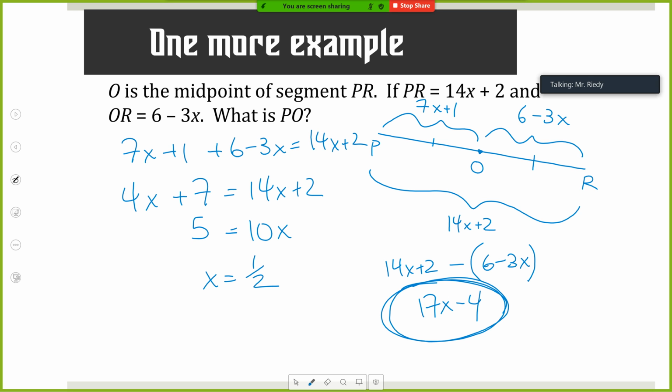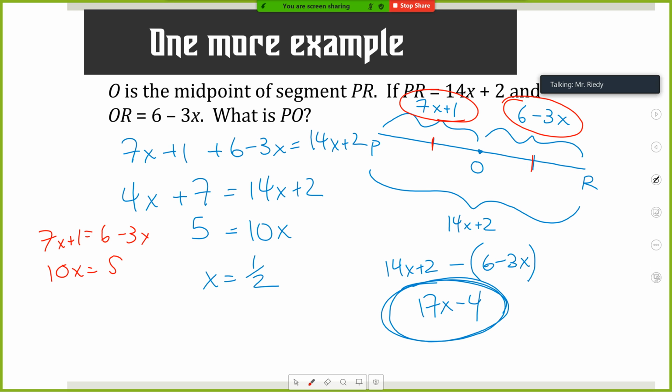Perfect. That's method number 1. Method number 2: I know, because of these tick marks, that these two have to be equal to each other. 7x plus 1 is equal to 6 minus 3x, so 10x is equal to 5, x is equal to 1/2.